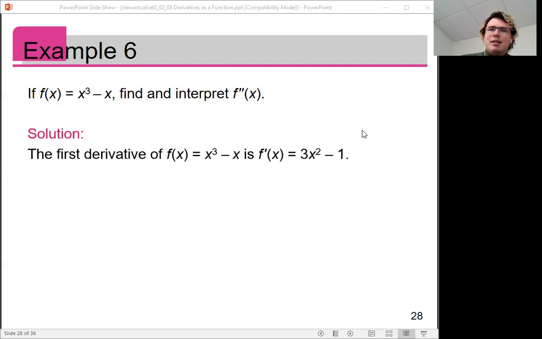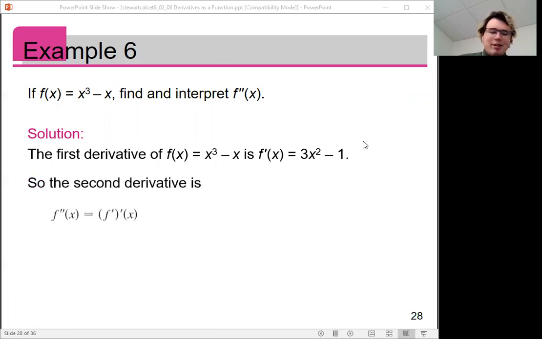So in my first derivative, I'm going to take my limit, and the scratch work is not shown on this slide, but we'll get 3x squared minus 1. The second derivative is the derivative of the first derivative. So we've got to take this 3x squared minus 1 formula, and we'll use that to find the second derivative.